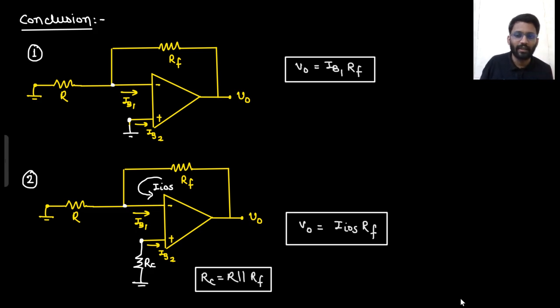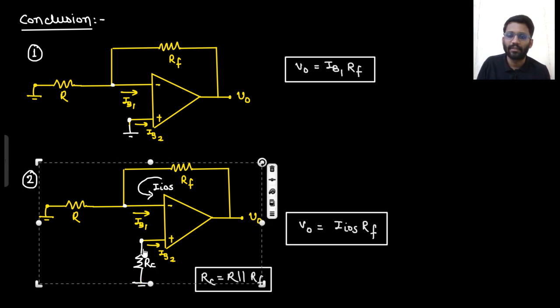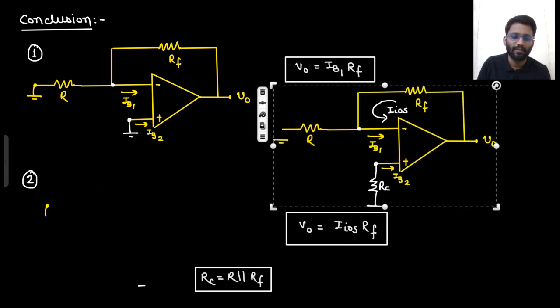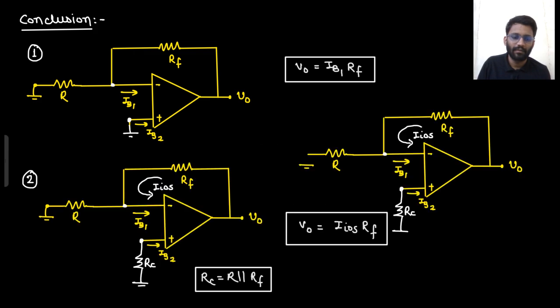That's it. And what is our third circuit? Third circuit I will also make. What I will do there is that I will just copy this circuit. So this is going to be my third circuit. There, these bias currents are the same this time. What will be your output voltage for the third circuit? This is the output voltage for the second circuit.